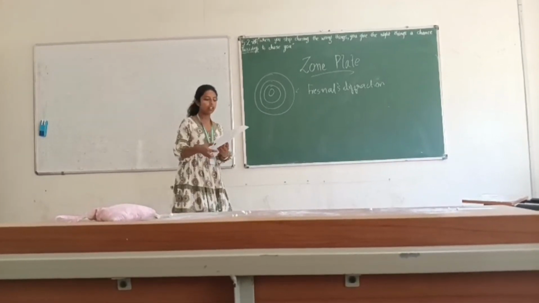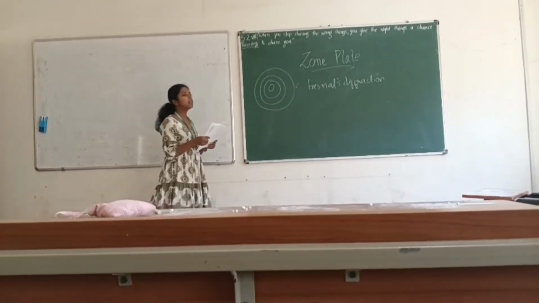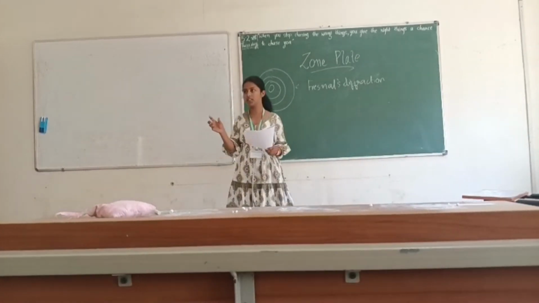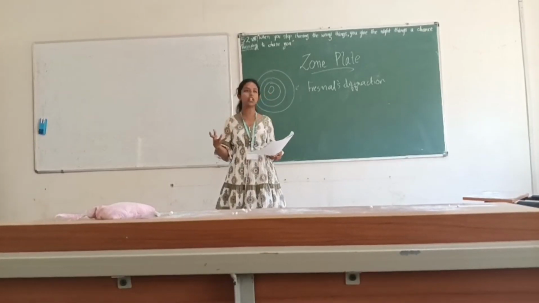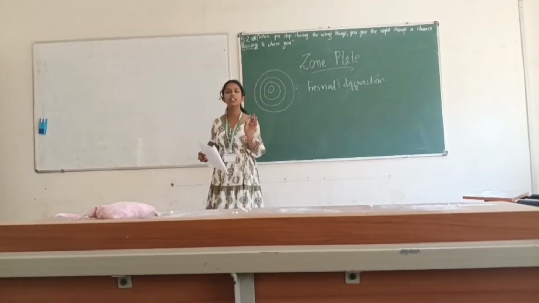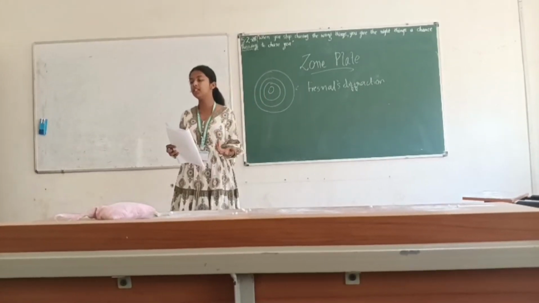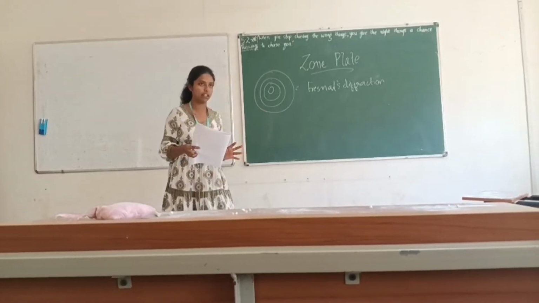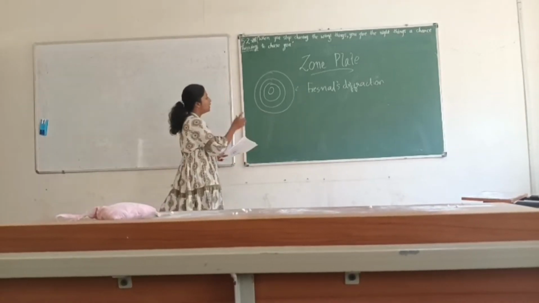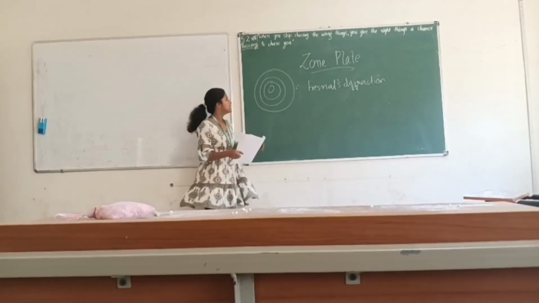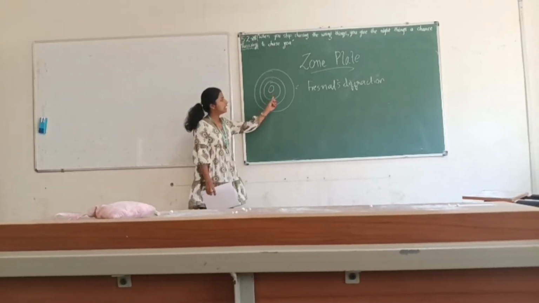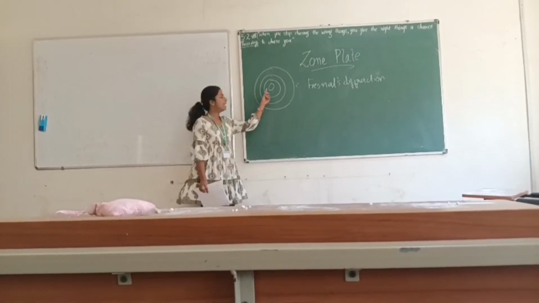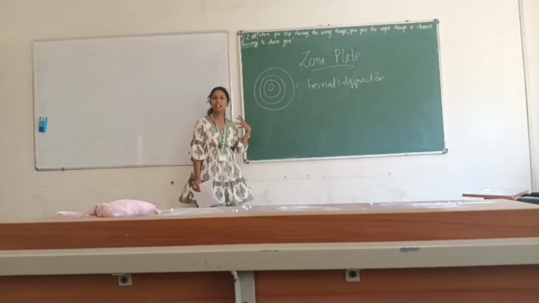In the last class we learned about half period zones. This zone plate also works based on this half period zone system. We know that from the center there are different circles, and each circle has a different radius.